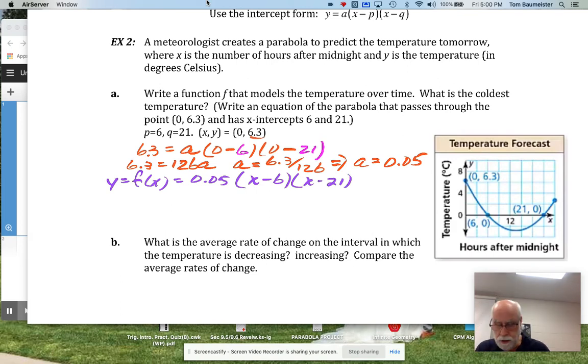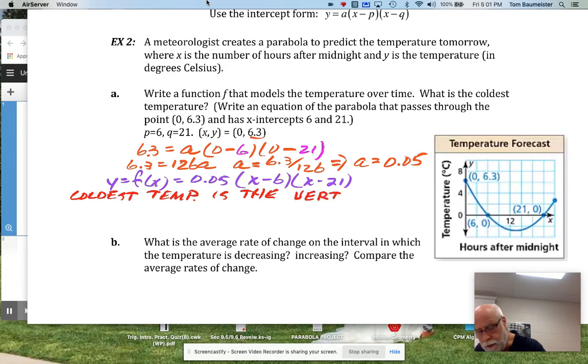All right, so now what we have to remember is our coldest temperature is at the vertex. So remember, on a vertex with this, you had to find your x value, your axis of symmetry.